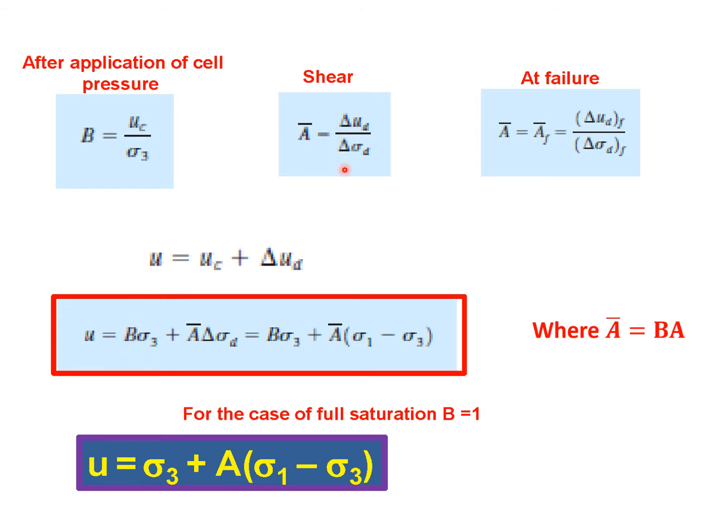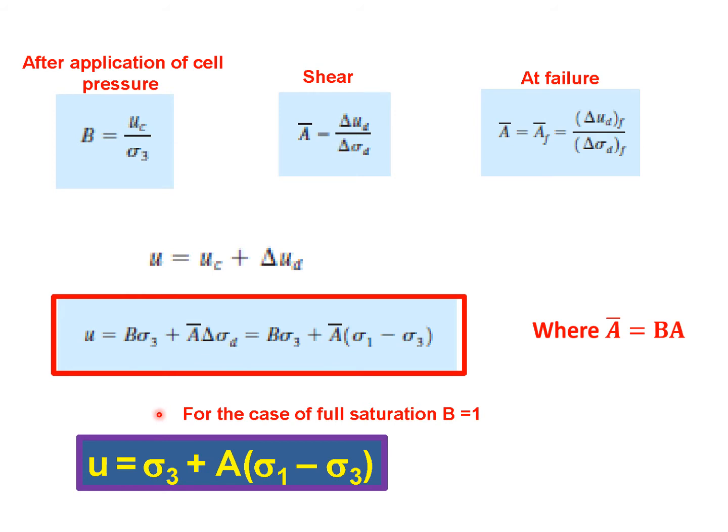Now from this concept you can see that A bar multiplied by delta sigma D is equal to delta U sub D. So this delta U sub D has been replaced by A bar times delta sigma D. And keep in mind that A bar is equal to B multiplied by A. If we write this equation like this, B sigma 3 plus A bar into sigma 1 minus sigma 3, that is the deviator stress.